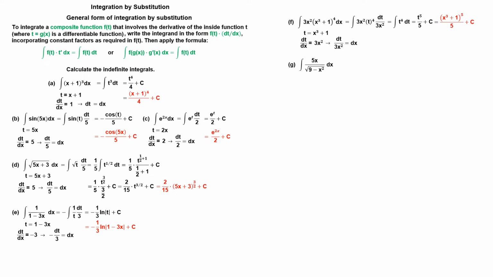We observe that the factor 5 times x is, apart from a factor of 2, the derivative of x squared. We substitute t equals 9 minus x squared. So dt/dx is minus 2 times x. And then we proceed as in the previous examples.